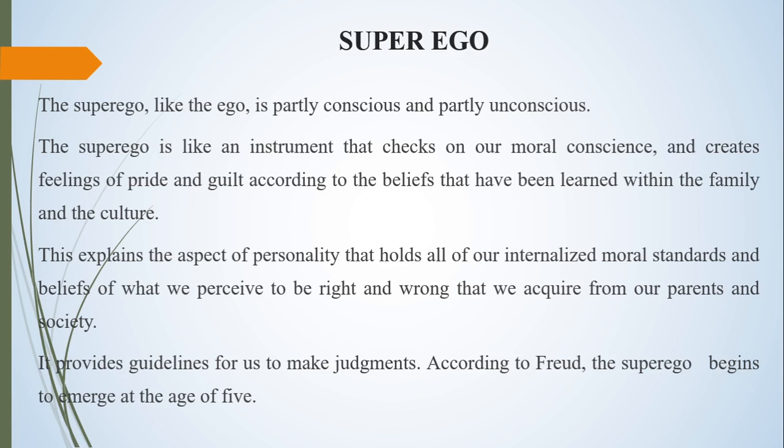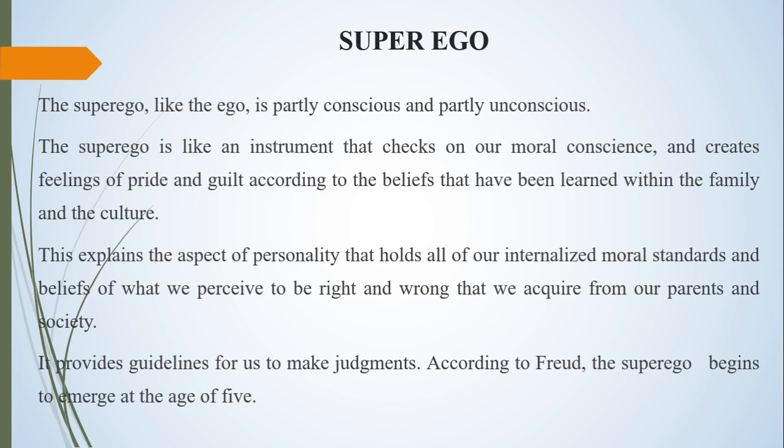Okay, the superego, like the ego, is partly conscious and partly unconscious. The superego is like an instrument that checks on our moral conscience and creates feelings of pride and guilt according to the beliefs that have been learned within the family and culture.